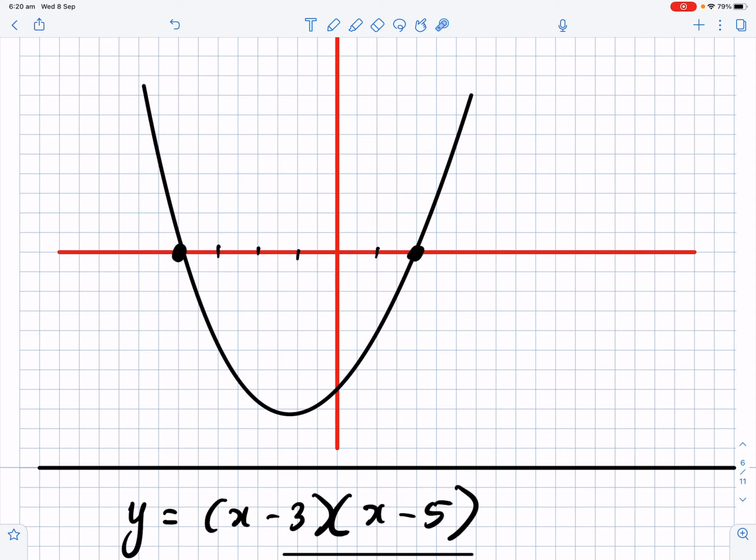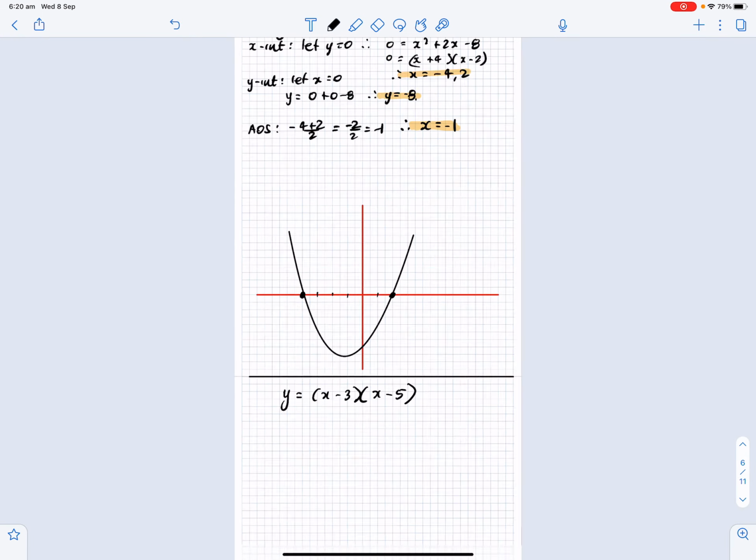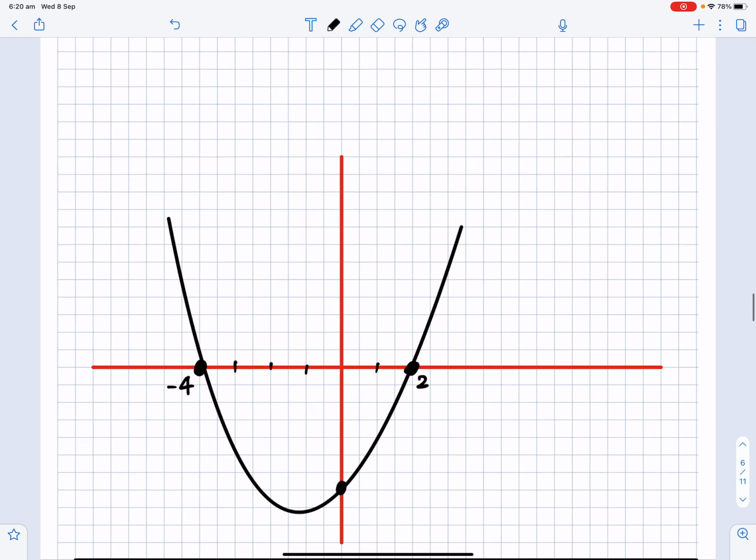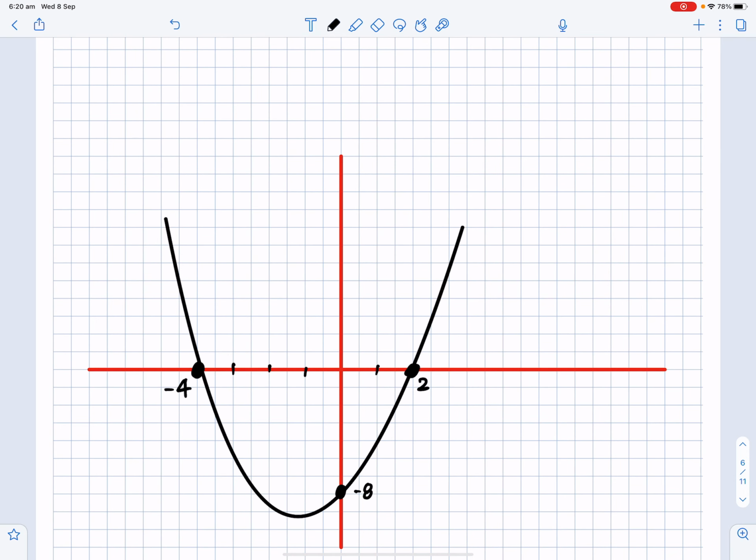So now you can see by doing that, the vertex is over here. Let's label our x-intercepts, which were minus 4 and 2. Our y-intercept is minus 8. So now you can see our vertex, which is over here, should have a y value less than that y-intercept.